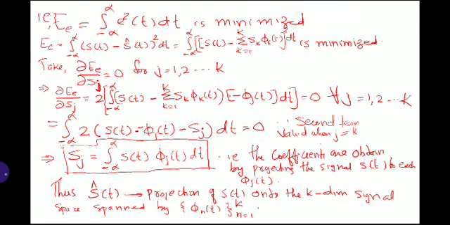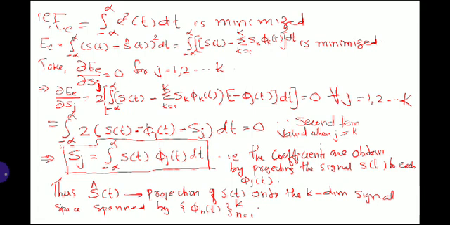That is, we need to find the coefficients in such a way that the energy of the error signal E equal to integral minus infinity to infinity E square of t dt is minimized. So we can substitute for E of t as S of t minus S cap of t. Then we can substitute for S cap of t.